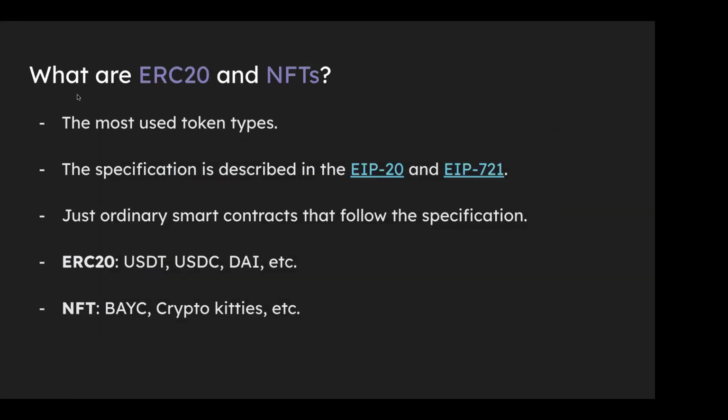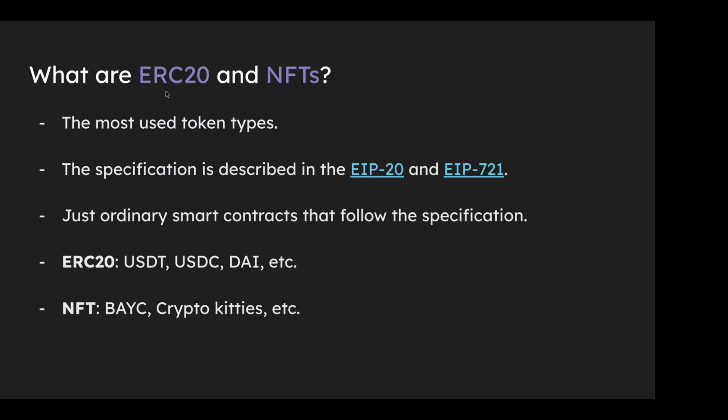So then, what are ERC20 and NFTs? First of all, these are the most used token types that are present on Ethereum. The ERC20 is the regular token, like cash or Ether itself.